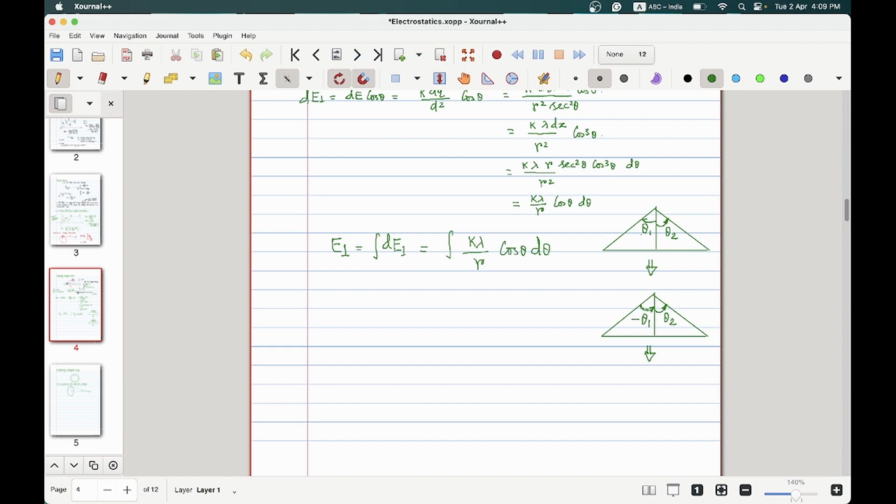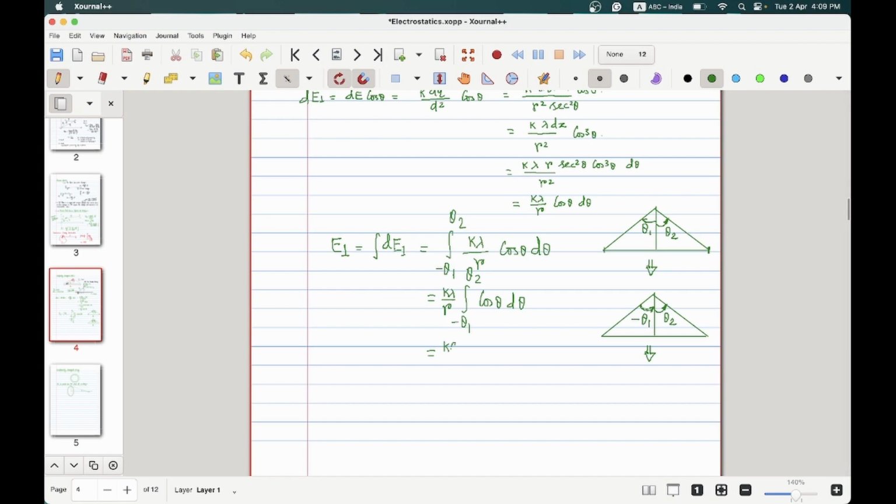If we take the minus theta 1, this represents this terminal, and if we take the plus theta 2, this will represent this terminal. So we can write minus theta 1 to theta 2. K lambda by r we can take common, because this is a function of theta only.